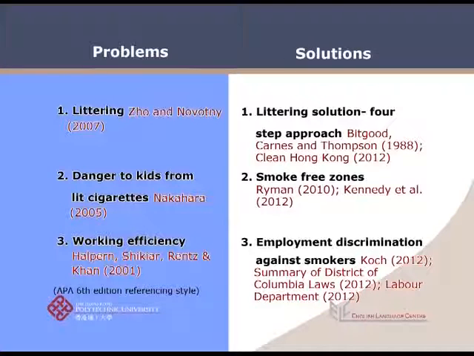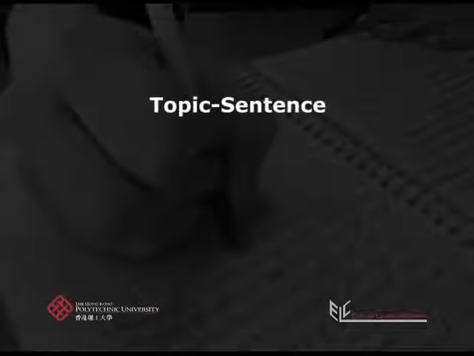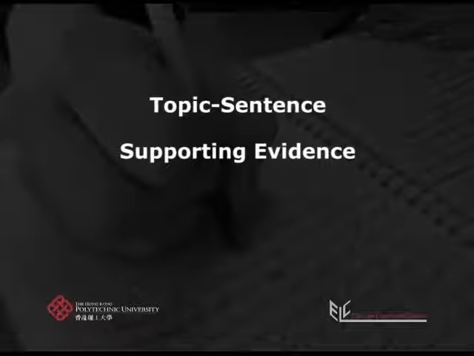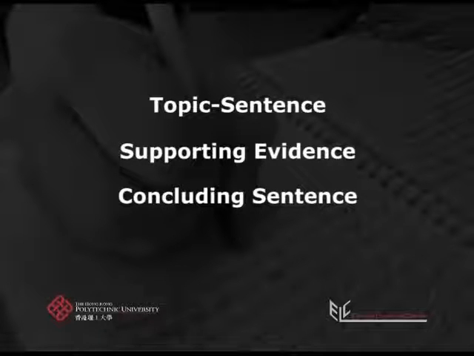So remember the rough plan our writer had at the beginning? There were 6 points. That means 6 body paragraphs. 1 idea for each paragraph. And remember, each paragraph should be divided into 3 parts. First, the topic sentence, then supporting evidence, and finally a concluding sentence.